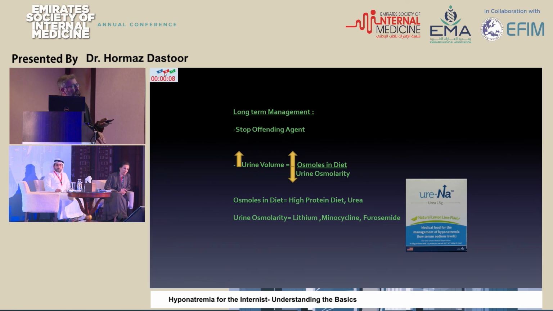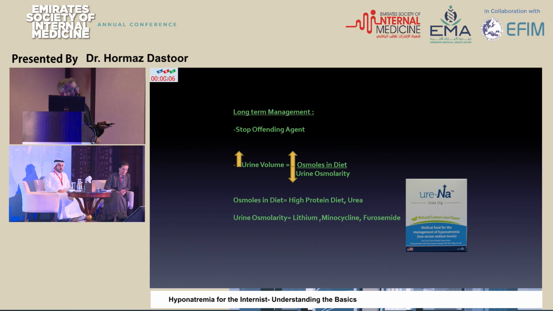The long-term management of any hyponatremia is to increase the urine volume. And the main way to increase the urine volume is by recognizing the urine volume formula, which is osmoles in diet by urine osmolarity. If you can increase the osmoles in the diet, you can increase your urine volume. If you can decrease your urine osmolarity, you can increase your urine volume.